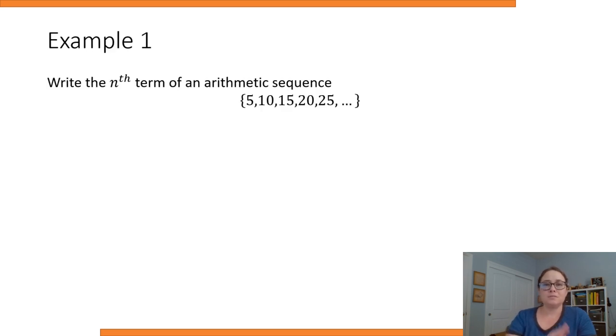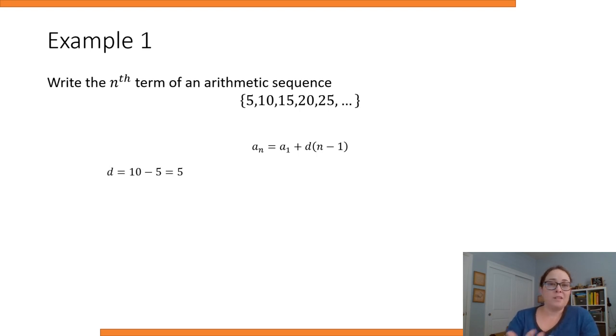Let's do an example. We'll take that 5, 10, 15, 20, 25, and let's come up with the nth term for it. So remembering that our general formula for an nth term, and this is what we would call the explicit one versus the recursive one, an equals a1 plus d times n minus 1.